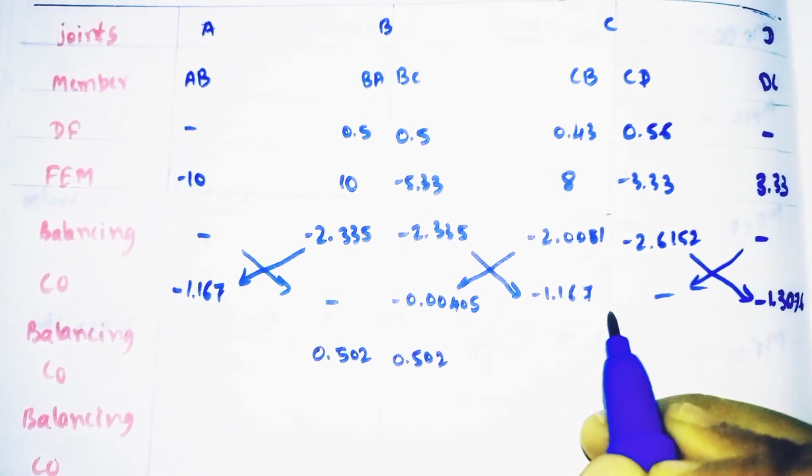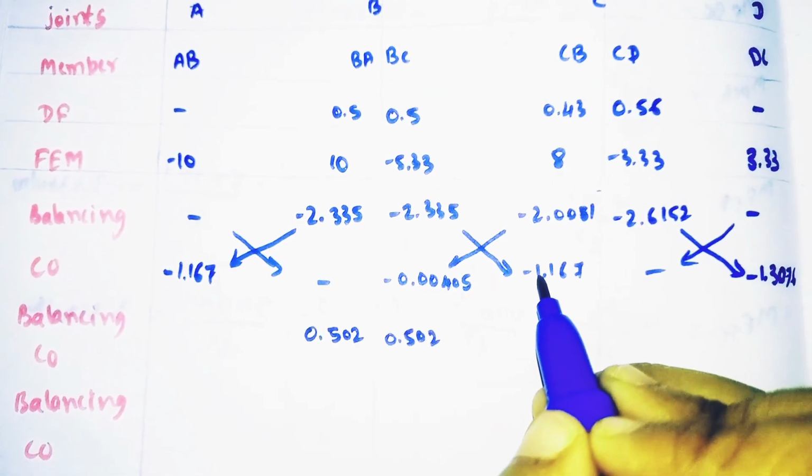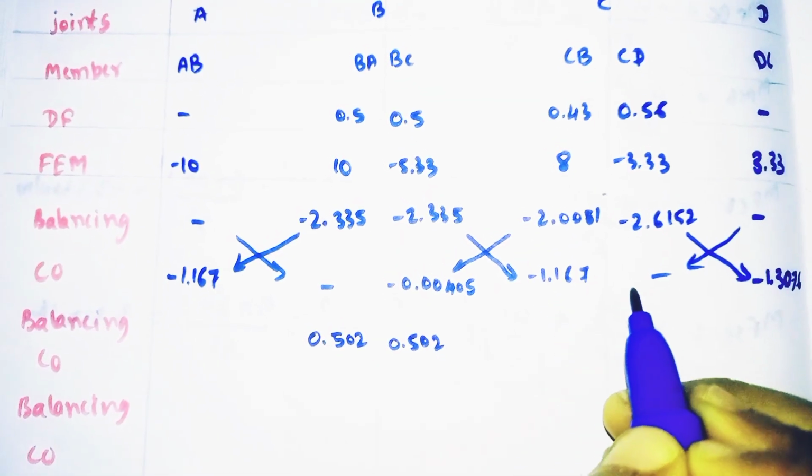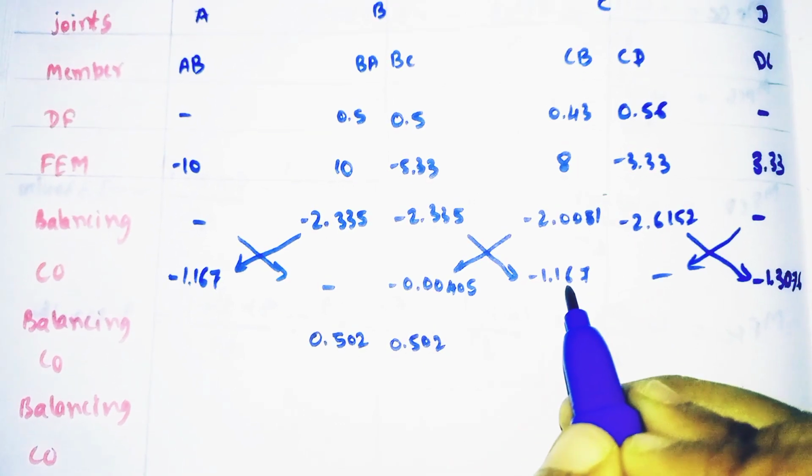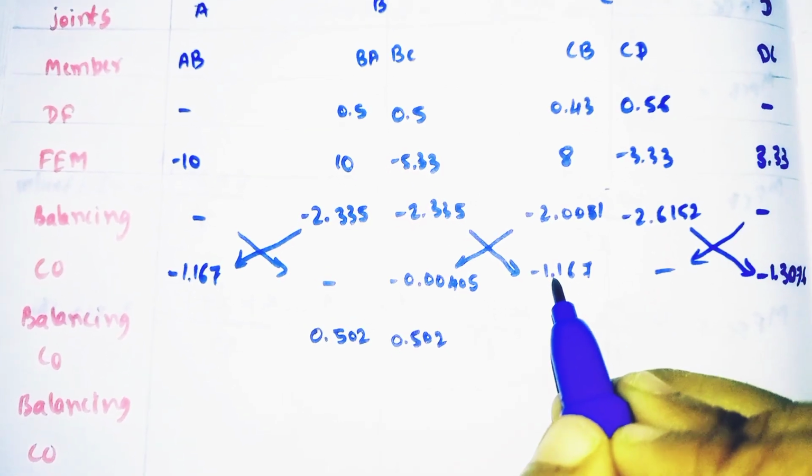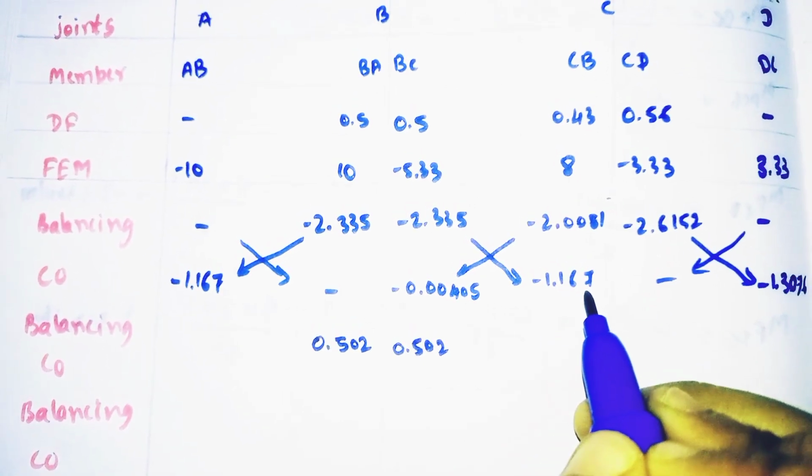Same step here. Here also minus 1.167 is there. Here there is no value, so make it into the opposite sign. It becomes positive 1.167.